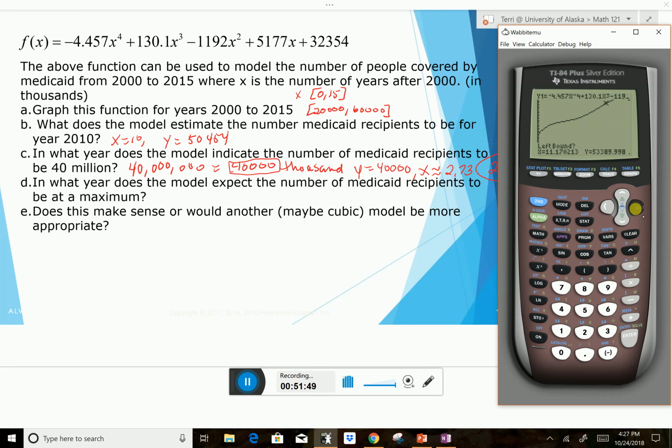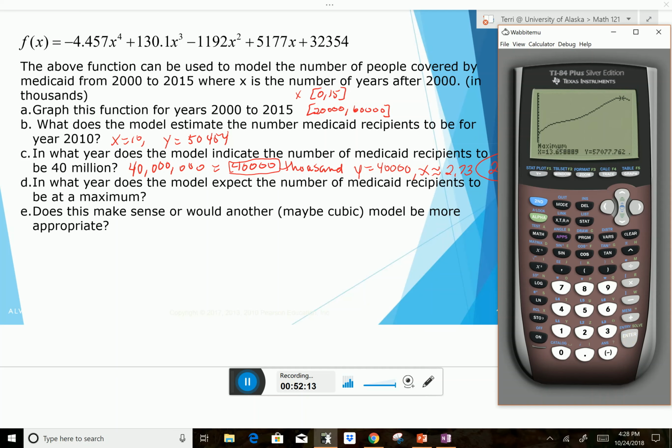We get close to it. Now we need a right bound, so we make sure we go all the way past where it is flattened out. And that's good. I know it's hard to see because it's right underneath those numbers at the top. That's a good spot.